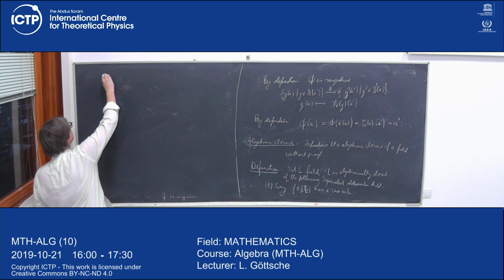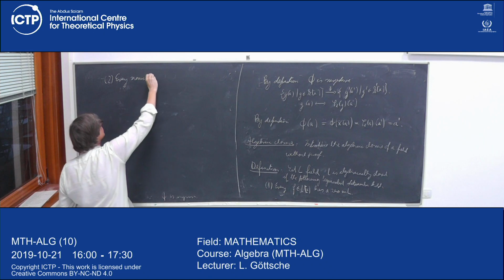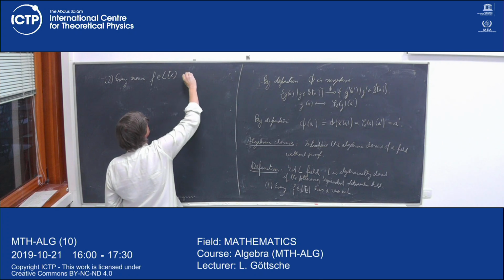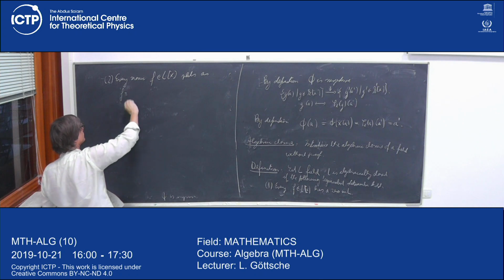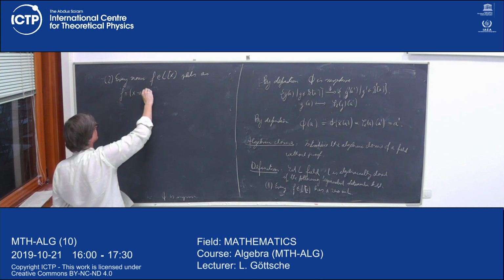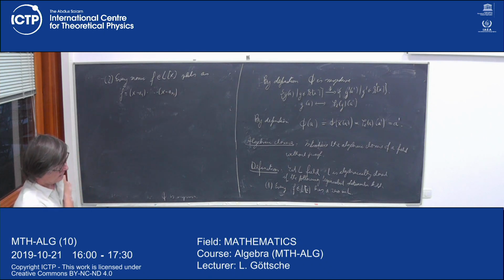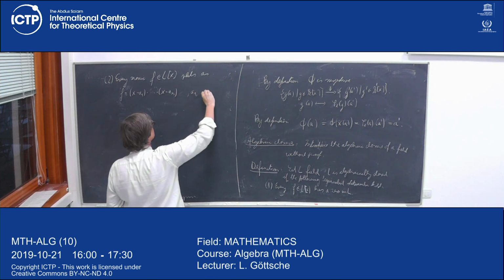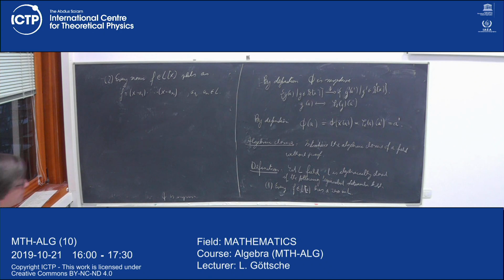So every monic f in L[x] splits as f equals x minus a1 times ... times x minus an, where the ai are all elements in L. Okay. So these two statements are obviously equivalent.